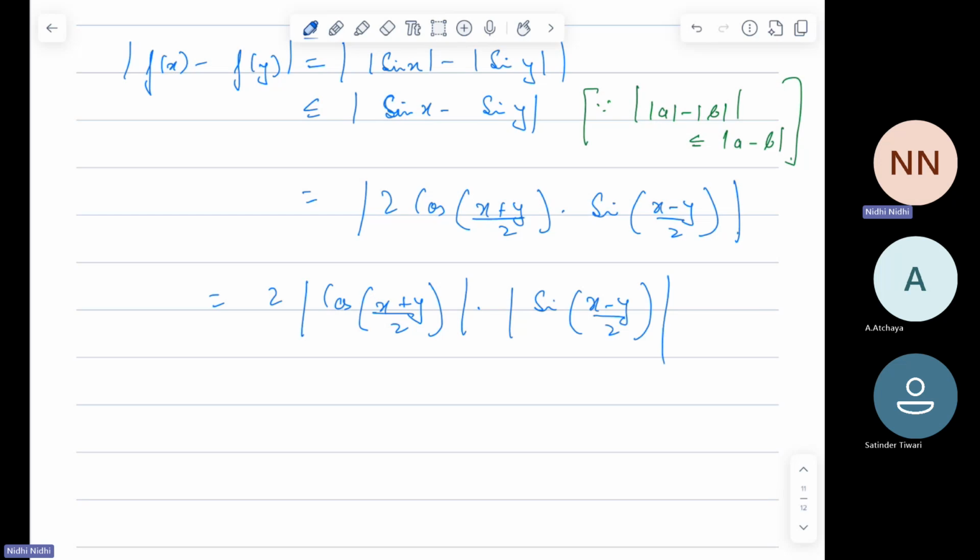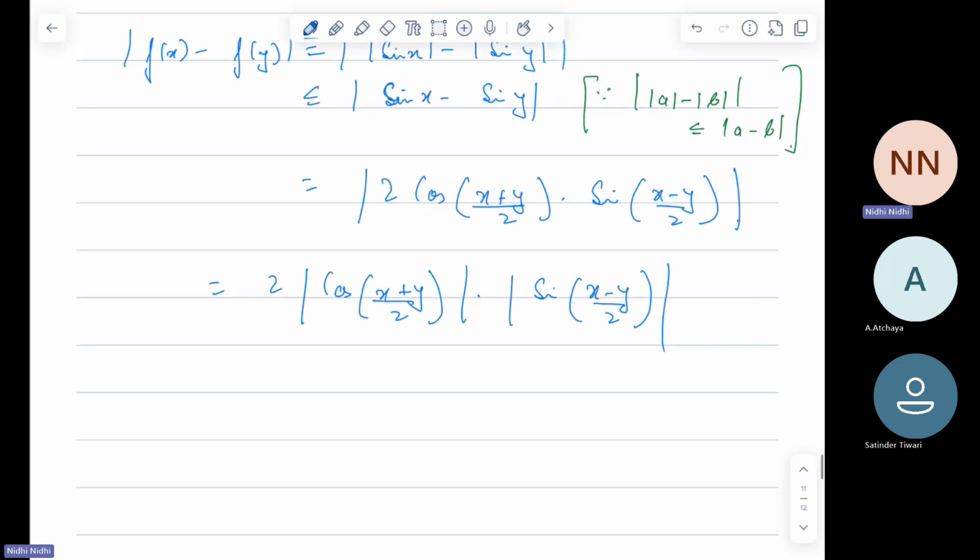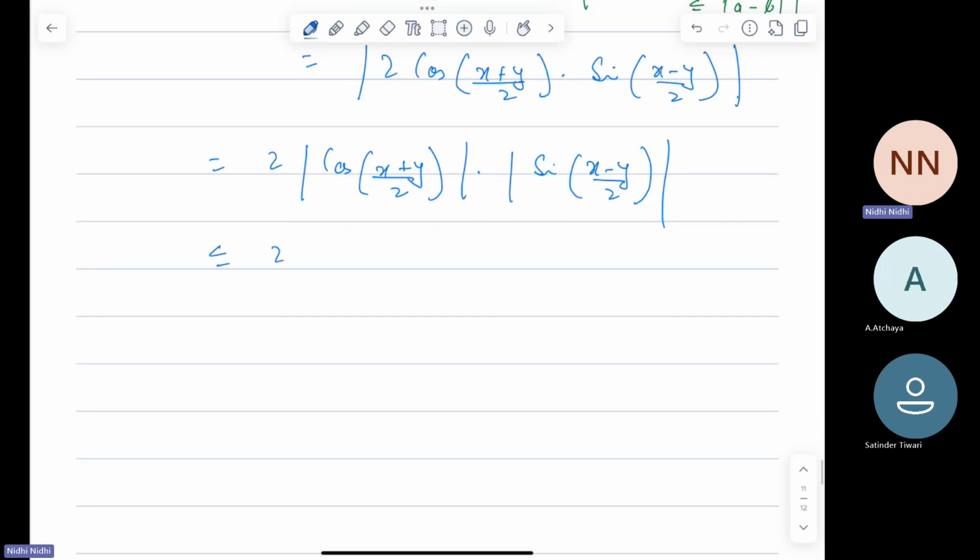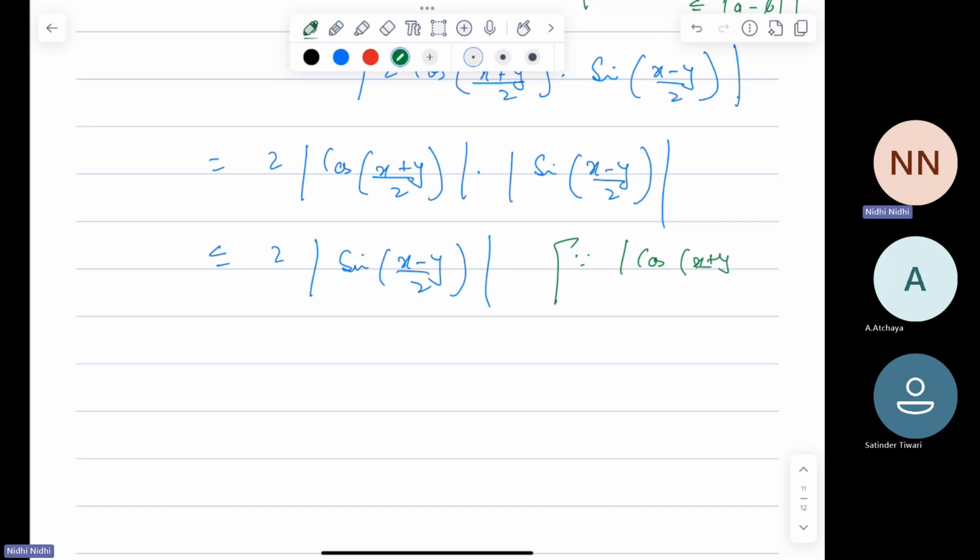We know that mod cos a is always less than or equal to 1. So this will be less than or equal to 2 times mod sin of (x minus y) by 2. Now this is less than or equal to 2 times mod (x minus y) by 2, because we know that mod sin x is less than or equal to mod x.